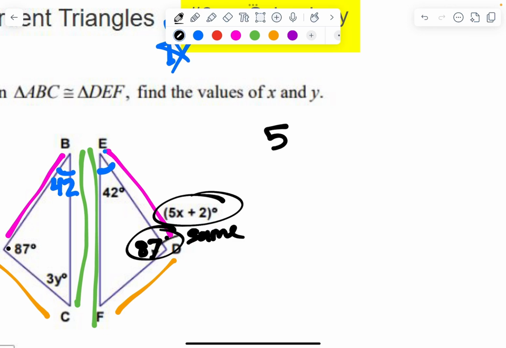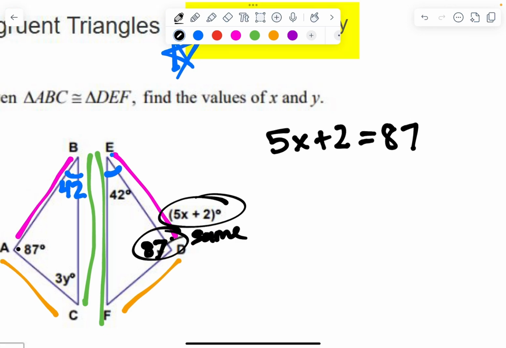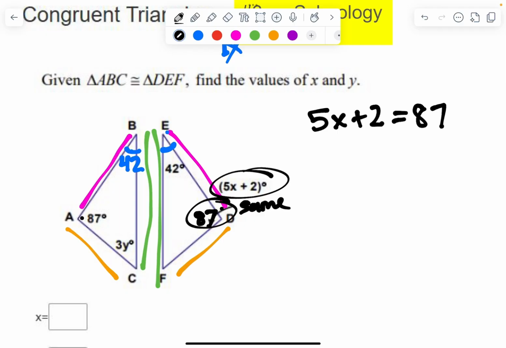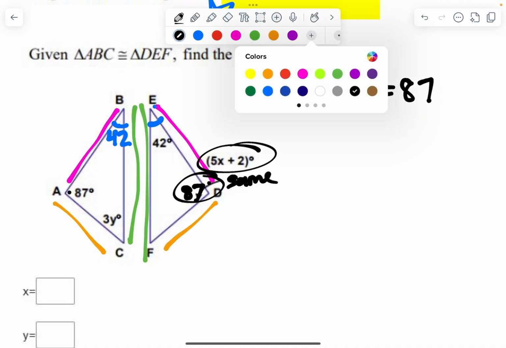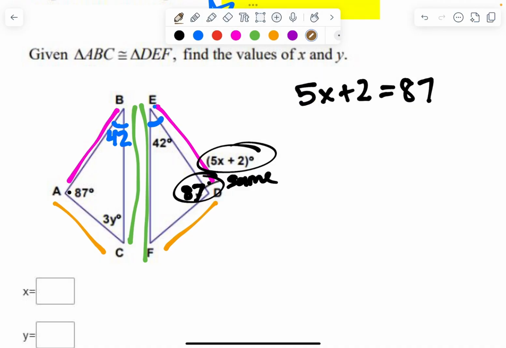So one of our equations is going to be 5x plus 2 equals 87, because those things are in the same place. For our next equation, we have to figure out what this angle is down low. We have 180 for a whole triangle. We're going to take away the 42 that we know, and the 87 that we know, and see what's left.